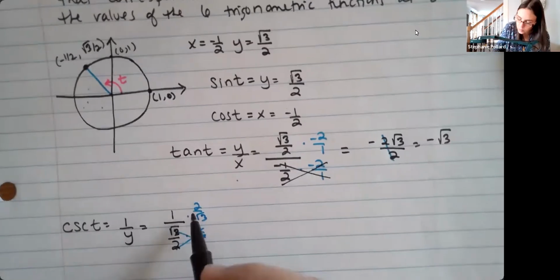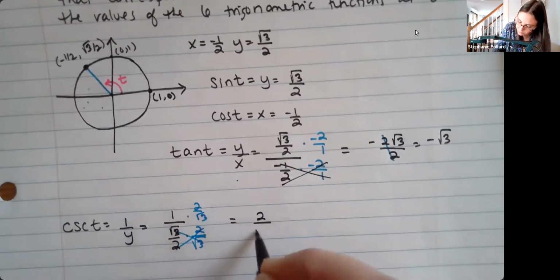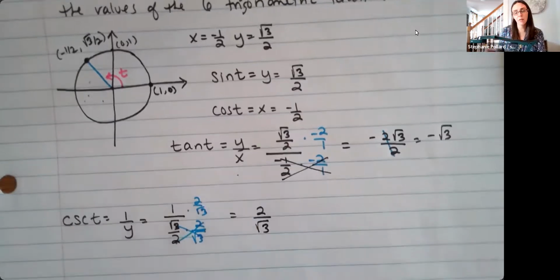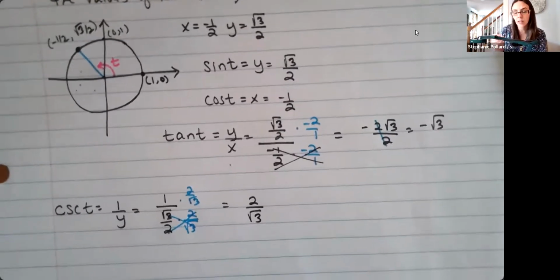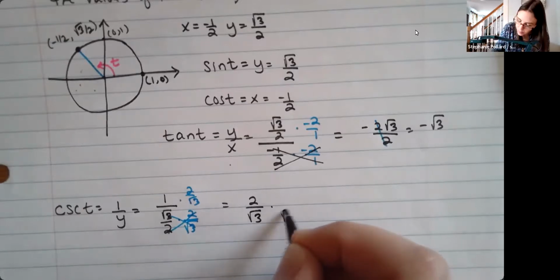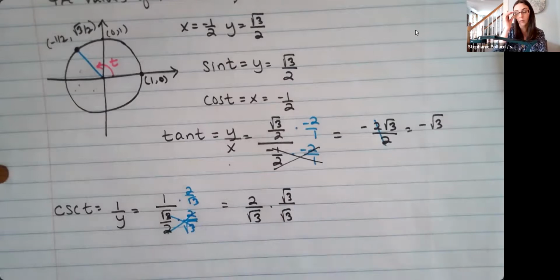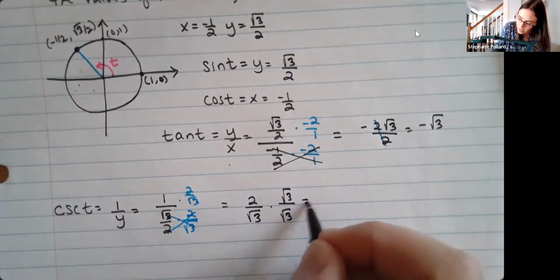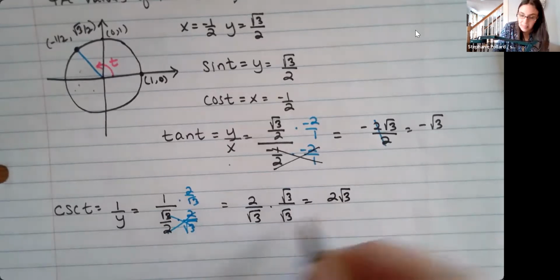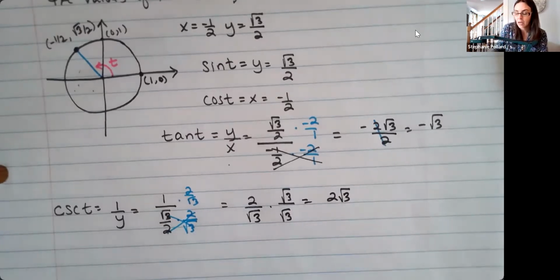And then 1 times 2 is just 2 over √3. We don't like to have roots in the denominator, so we're going to rationalize this root. To do that, we multiply by √3 over √3, because that's the value of 1. It's not going to change the problem. When you multiply a square root by itself, it cancels out, because the square root of 9 is just 3.